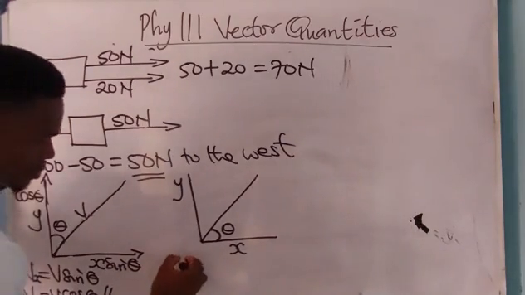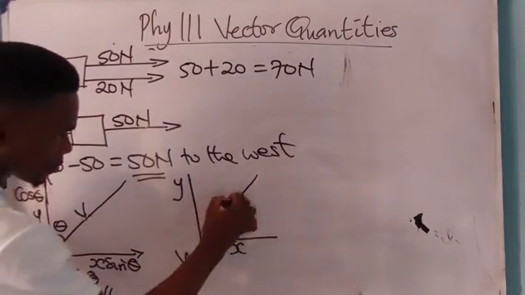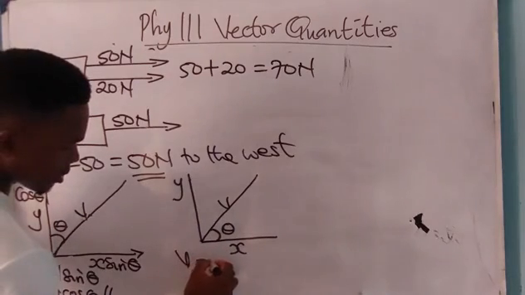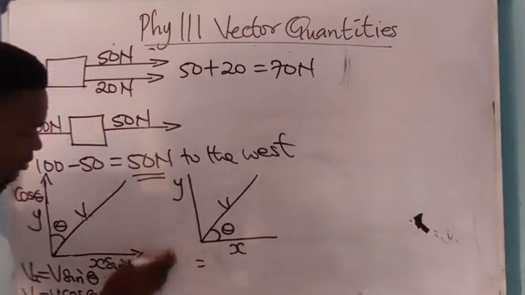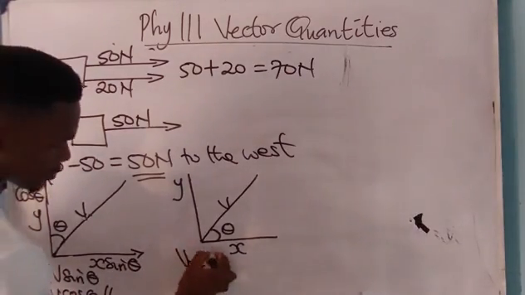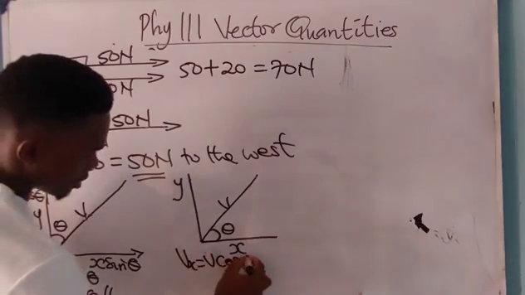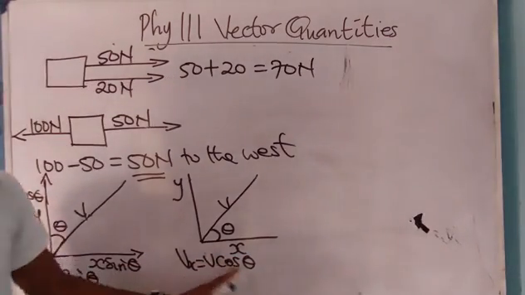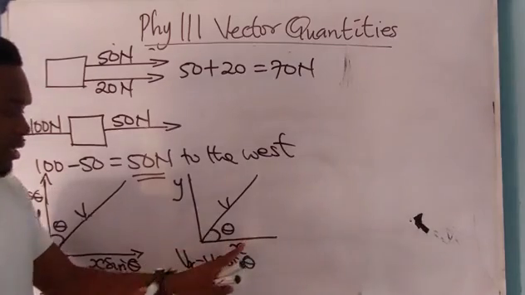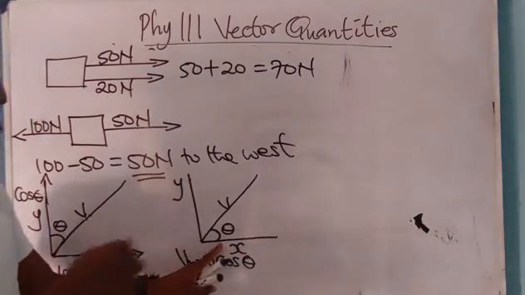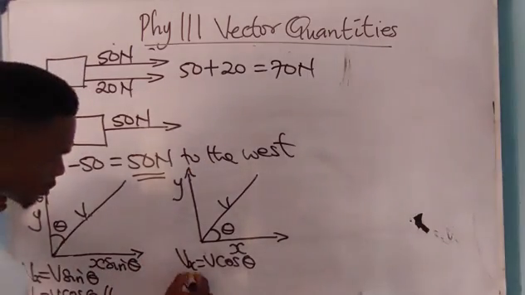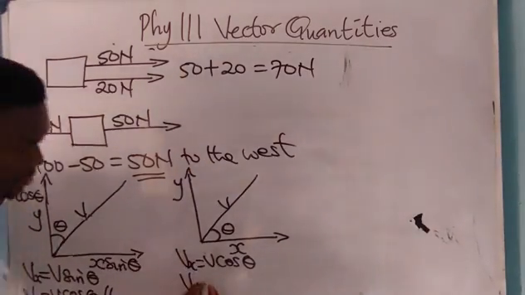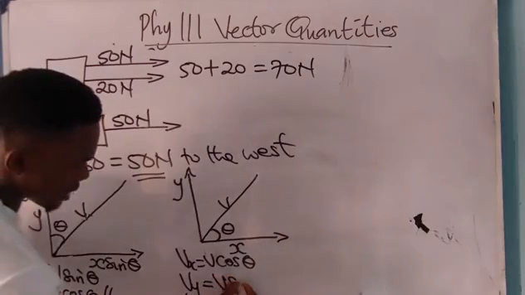Then Vx equals V cos theta. It is cos theta because the angle is inclined at the horizontal, because this is a horizontal line and this is the vertical line.